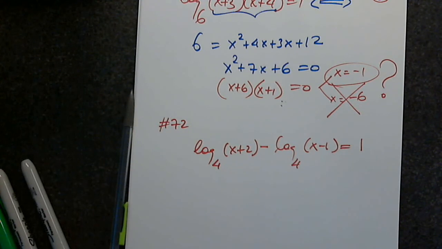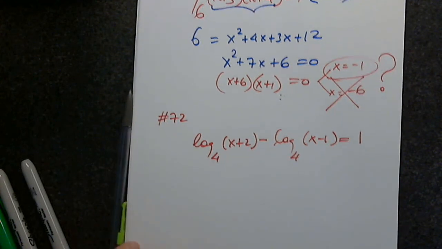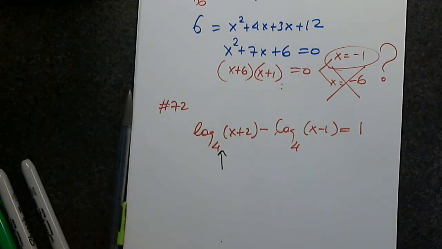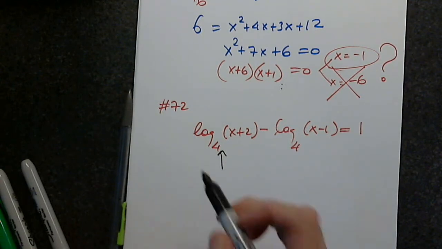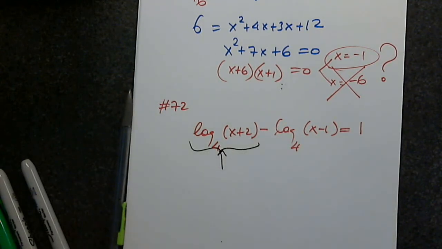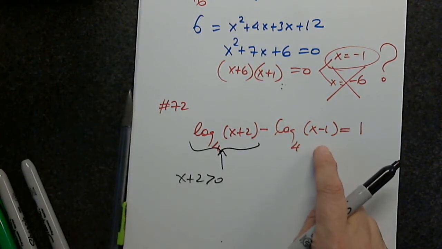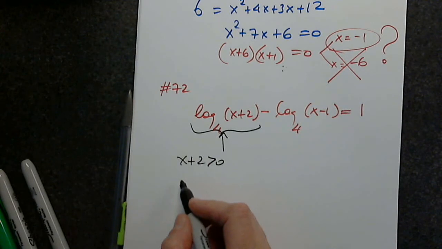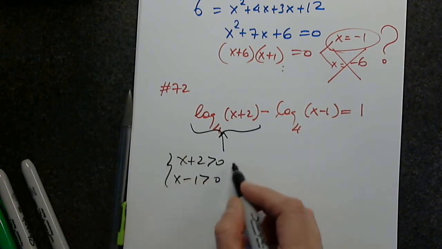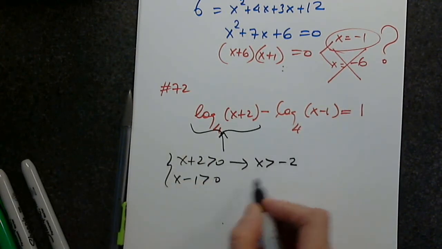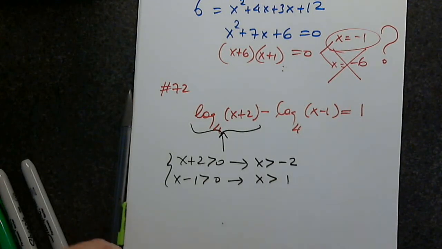And then I'll decide how to condense. What is the condition of existence of this one? Meaning this one. What about this one? X minus 1 greater than 0. From here, I have greater than negative 2. From here, greater than 1.